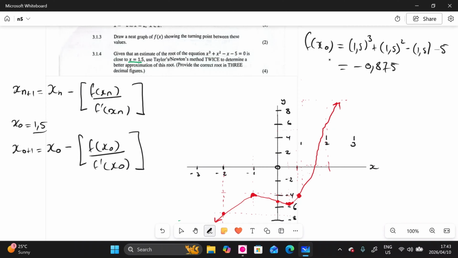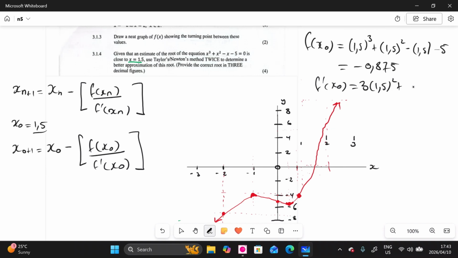Now we need to find f prime of x0. So now we have to differentiate the original equation. Remember, the first term we have is x cubed. When you differentiate x cubed, you're going to have 3x squared. You're going to write 3, but instead of writing x squared, we're going to write 1,5 squared. Plus, and in the second term, we know that it's x squared.